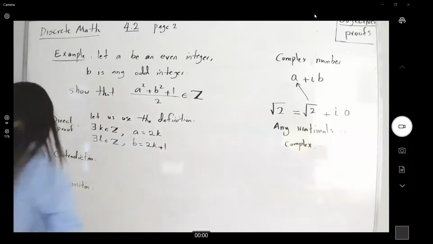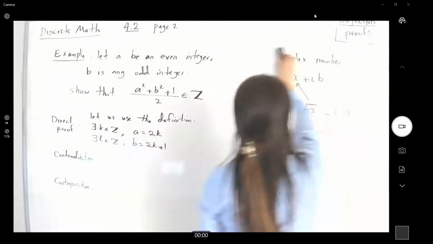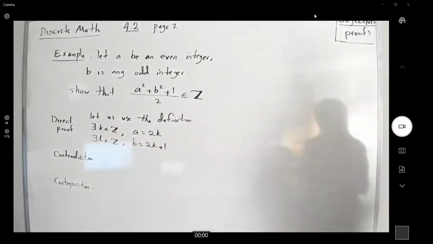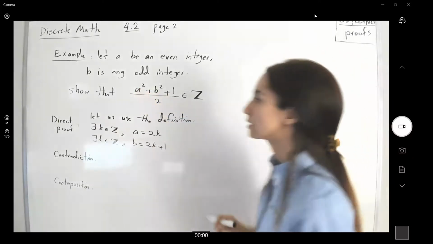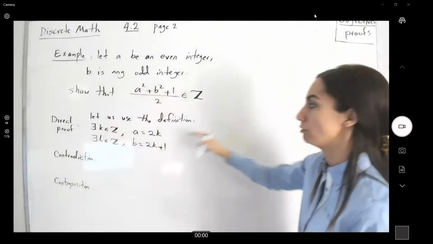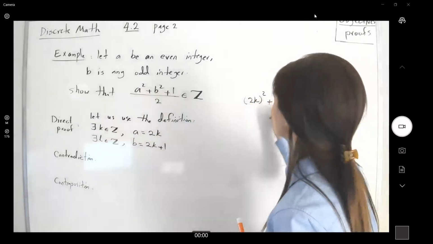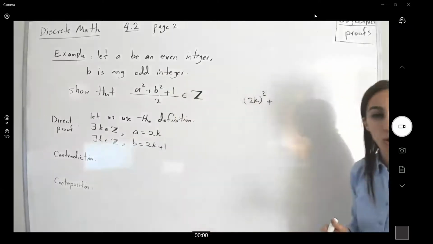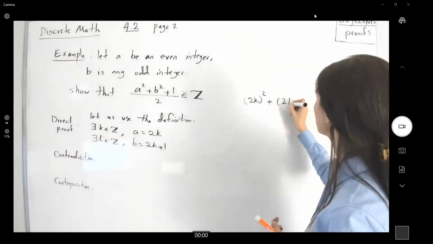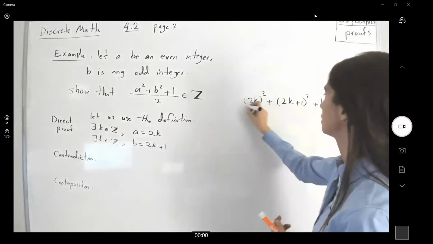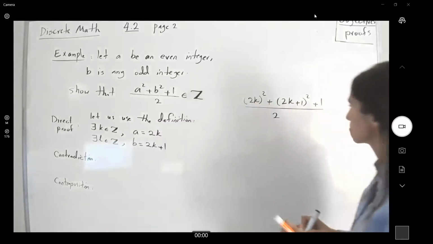Let's do a little bit of algebra. On the numerator I have A squared, so I'm going to square 2K. (2K) squared. Then B is also squared. I have (2L plus 1) squared plus 1, divided by 2.